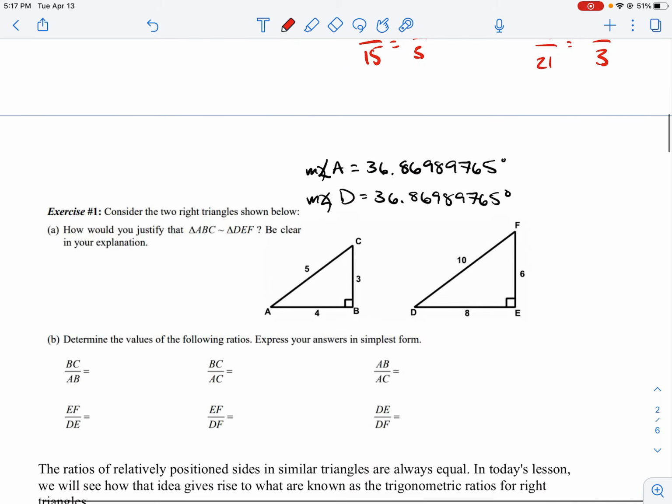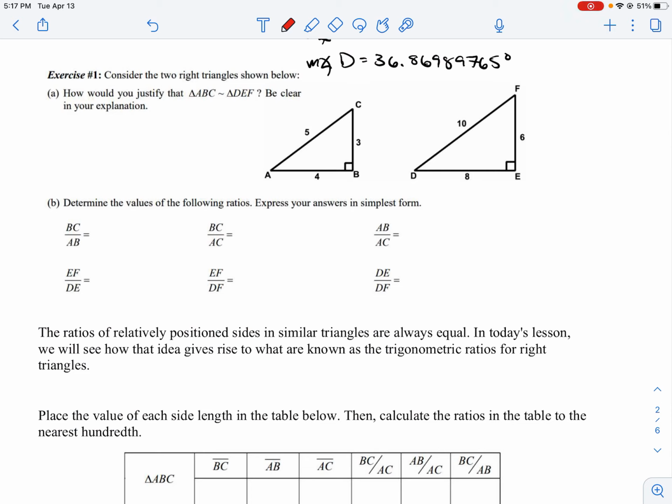So in exercise 1, it says consider the two right triangles shown below. All right? So how would we justify that triangle ABC is congruent to triangle DEF? Be clear on your explanation. Well, because all sides are proportional, we could go side, side, side.